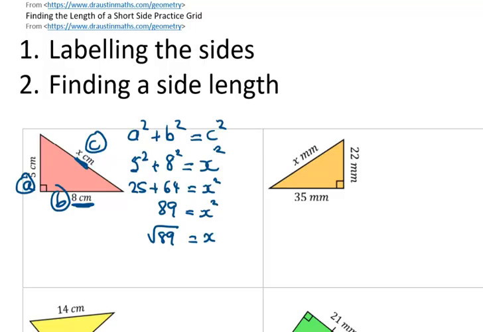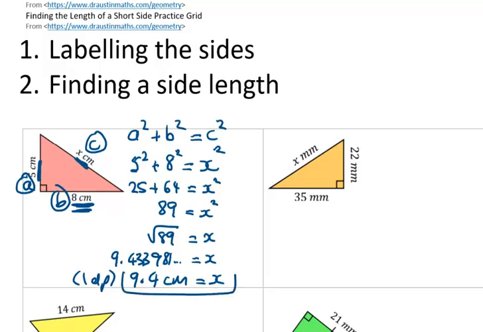So when I put that in my calculator, I will get out 9.433981 is equal to x, and I want to round that sensibly. So for me, the way that I'm going to think about that is that these numbers have been given to the nearest whole number. So I'm going to round it to one more decimal place. So we'll say that x is equal to 9.4 centimetres, and that's to 1 decimal place.